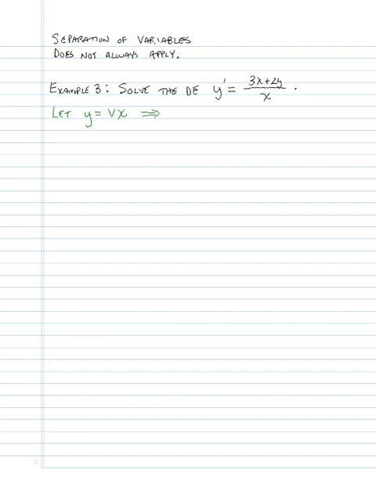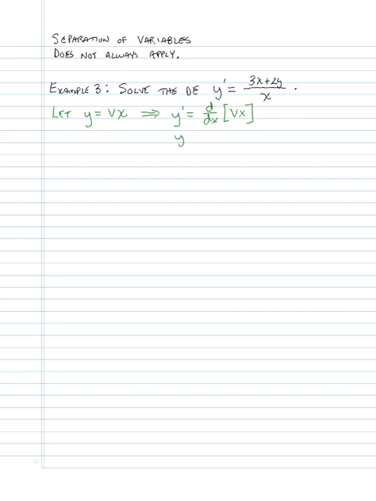that tells us that y prime, to find the derivative of y with respect to x, we're having to find the derivative of a product. That is, we're finding the derivative of v times x. Now remember, v is a function of x itself. So we have to use the product rule to find this derivative.